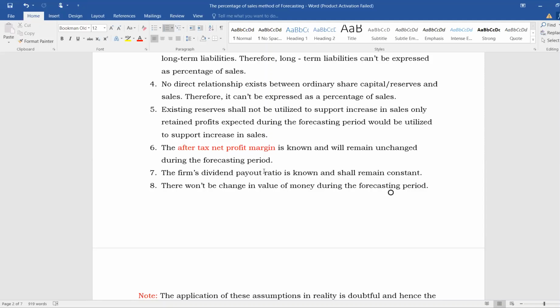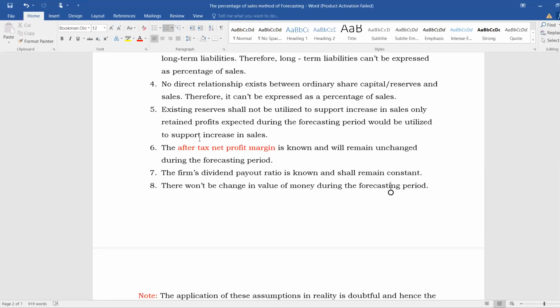When I went through it in class, I told you there are other policies the firm adopts: stable, predictable policy, residual policy. You know, the examiner can want to mix you up. The idea here is how much dividend the company is going to pay at the end of each forecasting period. Whichever policy the firm adopts, whether it's a payout ratio or a residual policy or stable, predictable, constant dividend per share, capture the dividend payable.